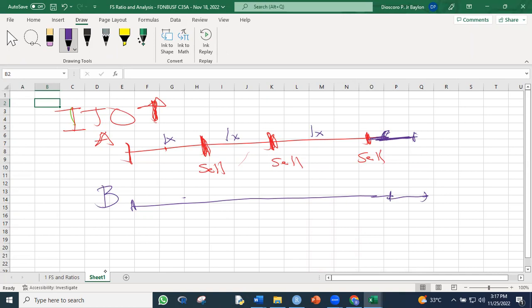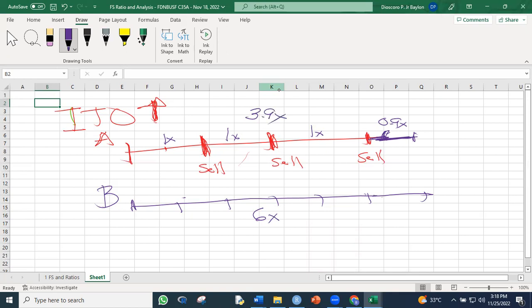So this is 0.9 times. So our company was turning over our inventories 3.9 times, while our direct competitor was doing it 1, 2, 3, 4, sorry, 5, 6 times. So this is 6 times. We are doing it 3.9 times.